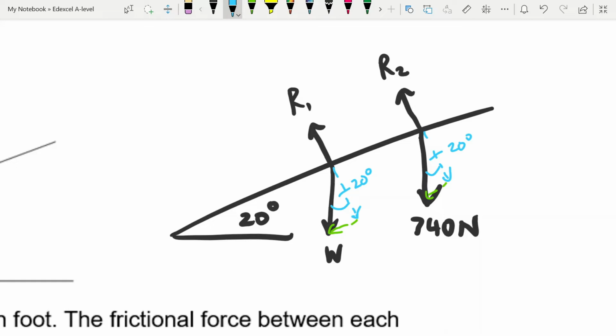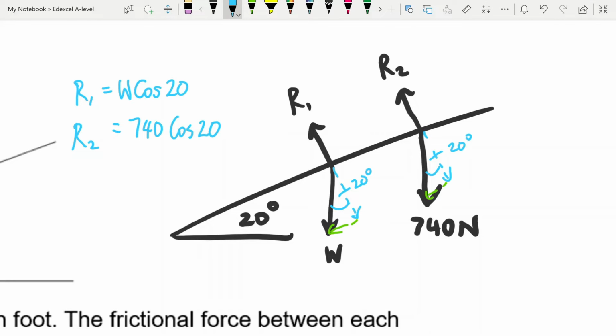So we know that our adjacent side, which is the side we're after, and which is the same size as R, is going to be W cos 20. Likewise, R2 is going to be equal to its blue arrow, which in this case is 740 times cos 20.